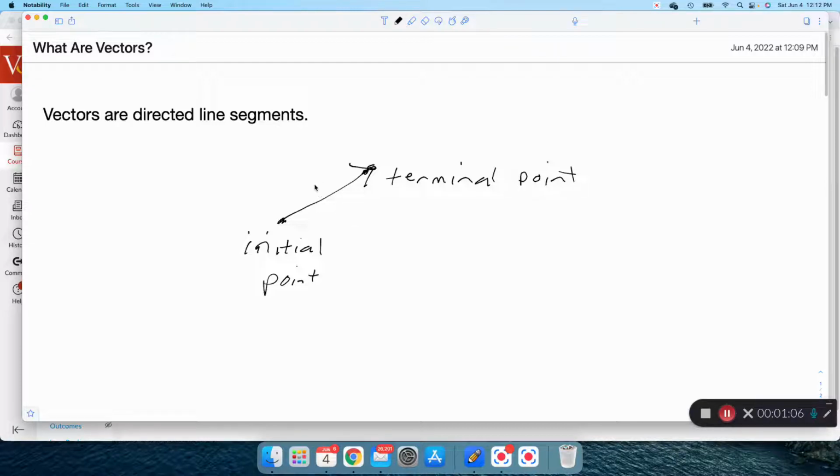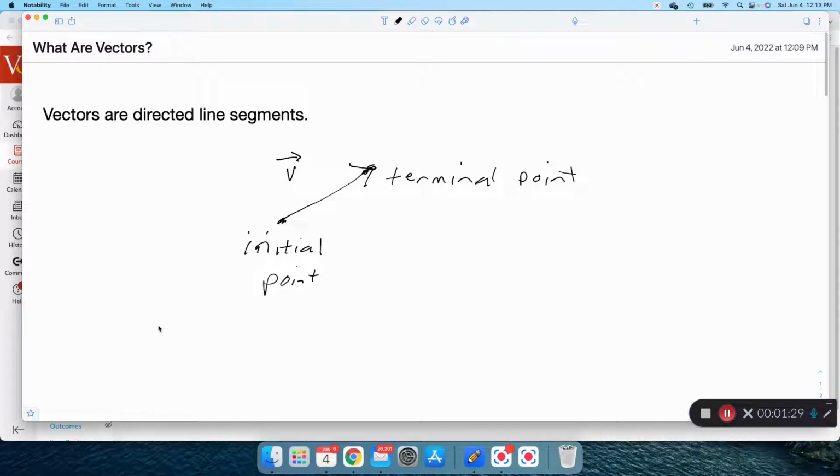That's kind of hard to do when you're drawing, so when we're writing this out, we denote a vector by putting this little arrow on top of it. So that tells the world that this object right here is a vector that I've named V. And that vector starts at this point, flows in that direction, and lands on that point.